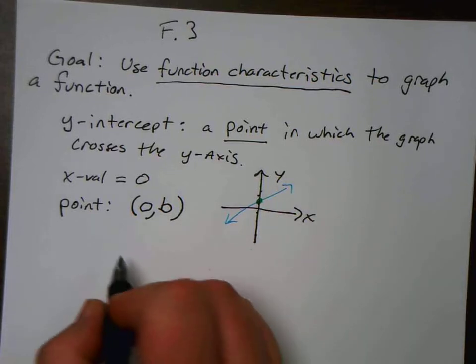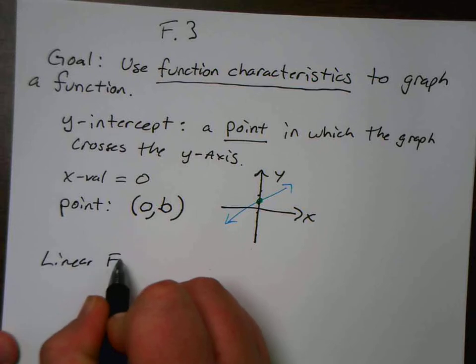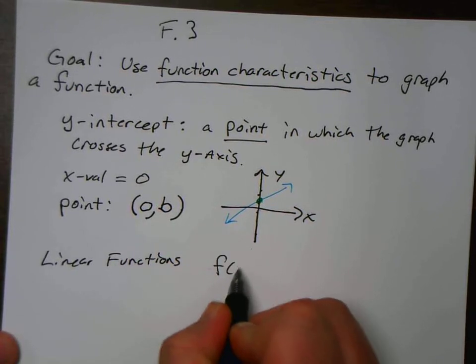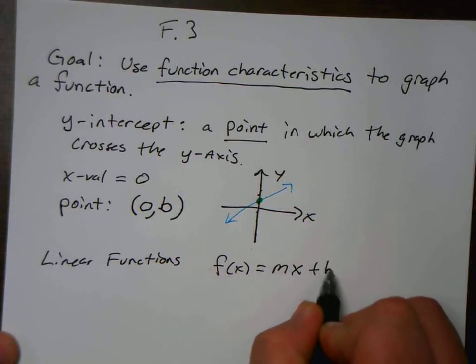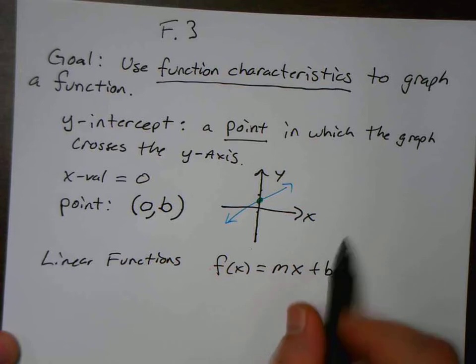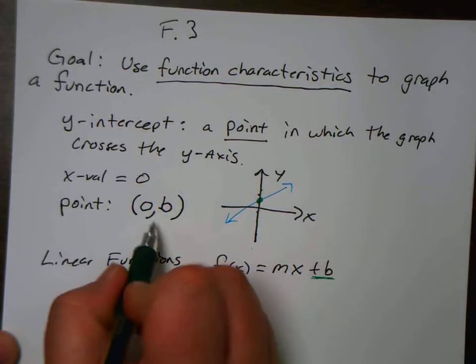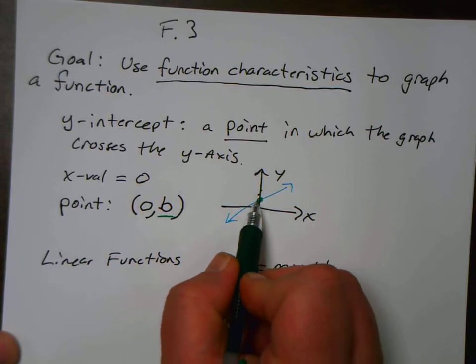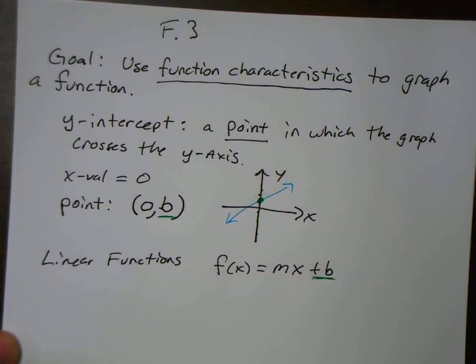So when we look at linear functions, we have f(x) = mx + b. Right? That's this b right here. This b value right here is this same b value here, and what it looks like on the graph is the point where it crosses that y-axis.